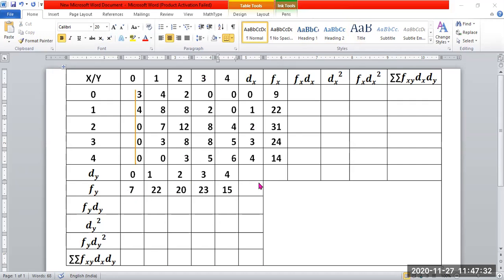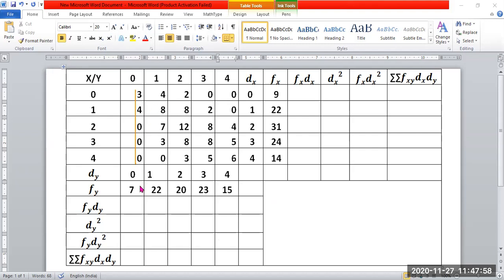Let's see this total also: 7 plus 22 plus 20 plus 23 plus 50, we got 87. Can I check once again? 7 plus 22 plus 20 plus 23 plus 50, 87 I got. Somewhere the total is wrong.